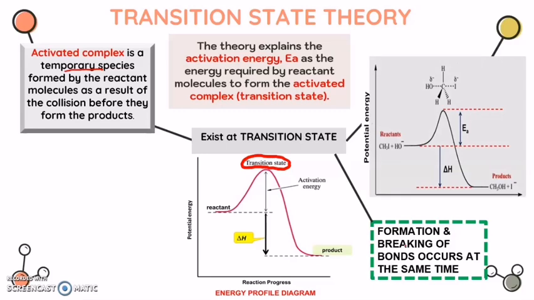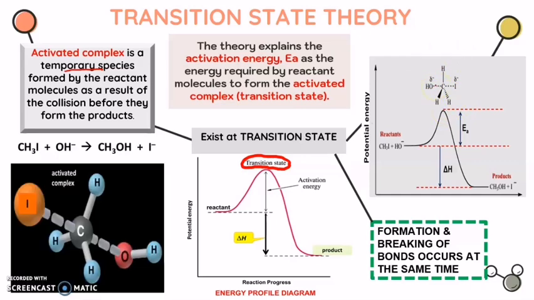Now, I want to show you one example. I have two reactants, CH3I and OH-. These two reactants will collide with each other to form CH3OH and I-. Before these two reactants transform into products, both of these reactants will combine to form this species, which is called the activated complex. Let's have a closer look.